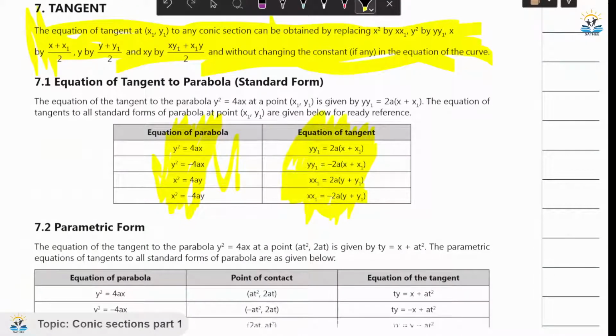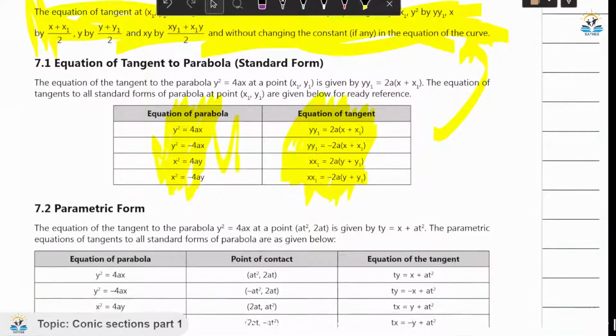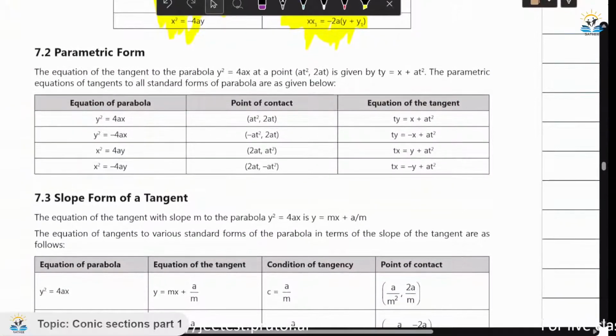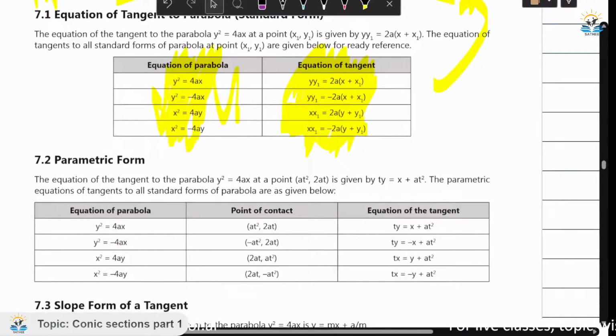So they have applied the similar conditions that we studied, like stated here. Nothing new. Writing them in the parametric form is also very easy. You can simply replace x1, y1 with the parametric forms here.